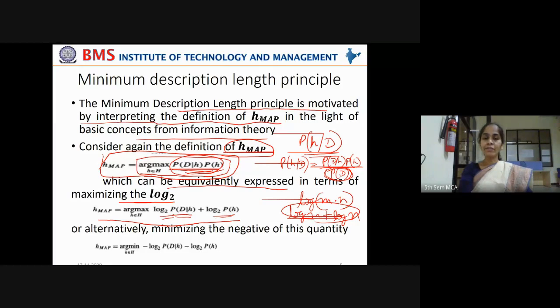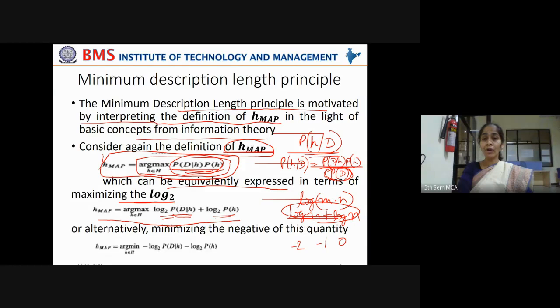Or alternatively, minimizing the negative of this quantity. You are maximizing a positive quantity means, the other way you can say, you are minimizing the negative quantity, right? Say when I say minus 2, I'm trying to minimize this means I'm making it as -1. I'm trying to minimize this means I'm trying to make it as 0.